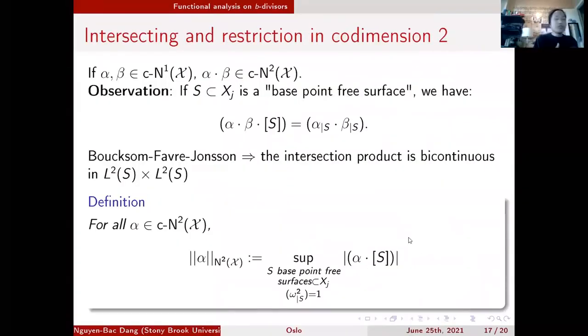Okay, so now we have this norm in codimension 1 for divisors. Now I want to build a norm in codimension 2.